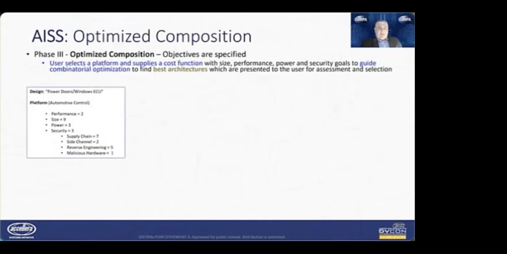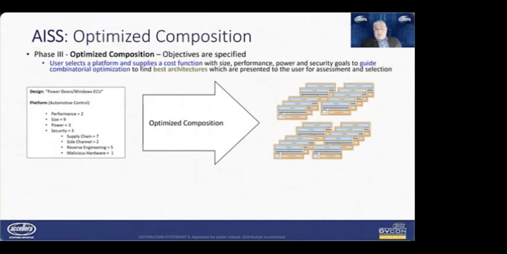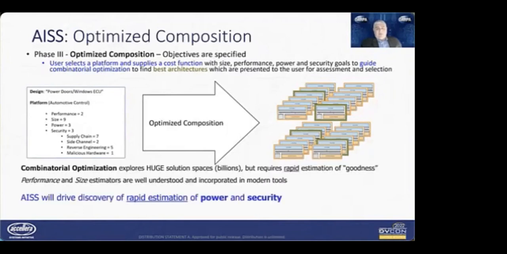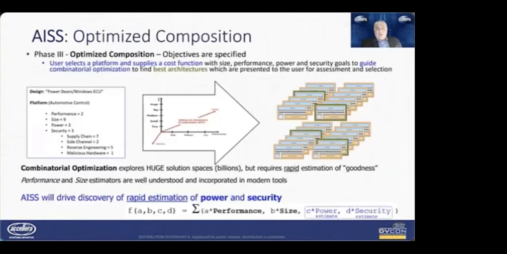Here we're going to say how important performance, size, power, and security are, and then further provide texture as to what attack surfaces on the security side are important, and have an optimization engine produce a huge number of architectural solutions and maybe choose the ones that are the best for the human to take a closer look at and to determine whether or not this cost function that we've established, which has performance, size, power, and security, is actually satisfied.